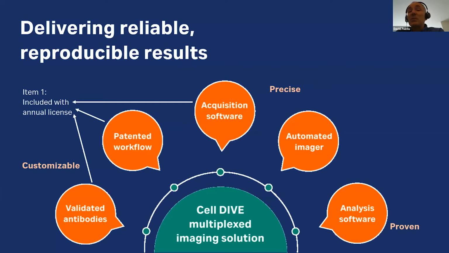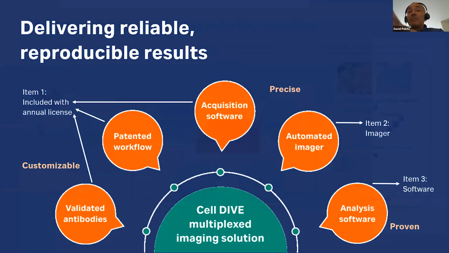Then we have developed a specific workflow, which I will describe a little later, and a specific acquisition software to guide any user to perform that. Then we have the imager itself, which is based on fluorescence imaging microscopy, which is also the core of our expertise. And the last, very important part is the analysis software. For that, we partnered with Indica Labs, and we are offering the software HALO.